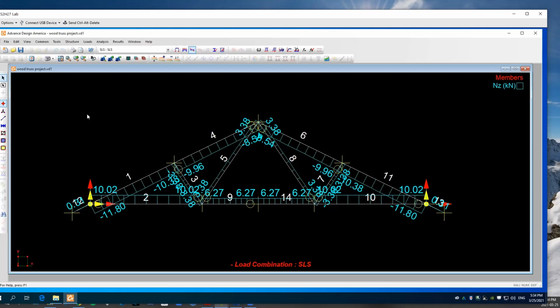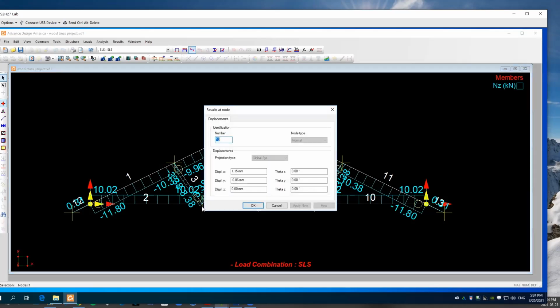Yeah. Okay, so click on this node right here. Double click on it. What's the displacement? This much. 6.86 millimeters, okay? So if you take this length here, that would be your deflection, you understand? Okay, got it.